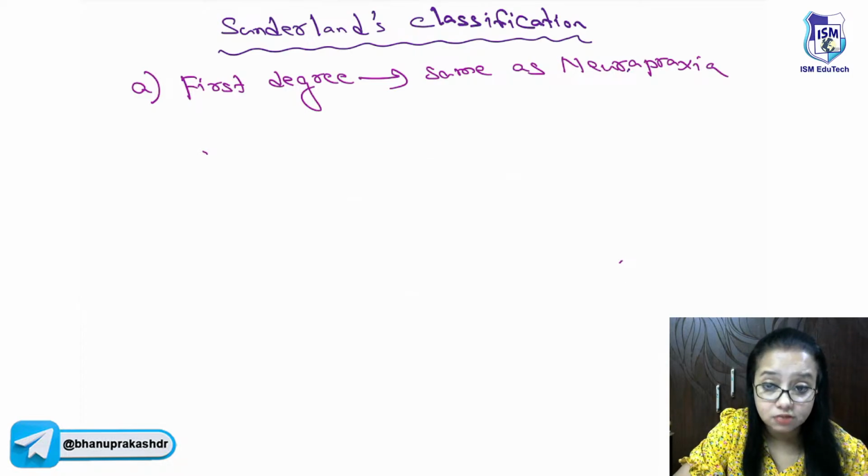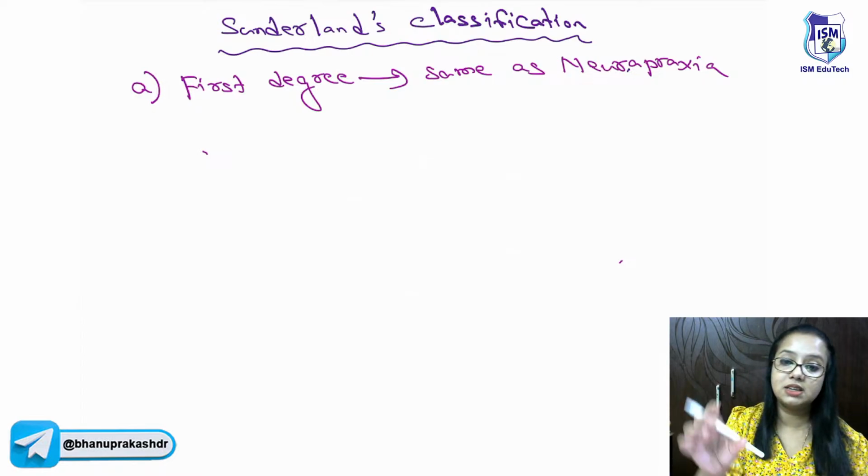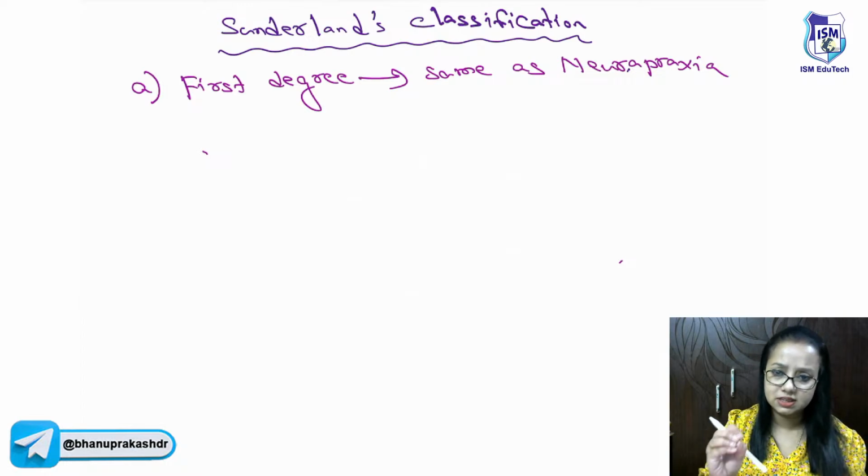The first degree of nerve injury according to Sunderland is the same as neuropraxia, meaning it is the least, it is slight, only the myelin sheath is disrupted a little bit here and there, and there is only stoppage in the conduction for a little bit of time.